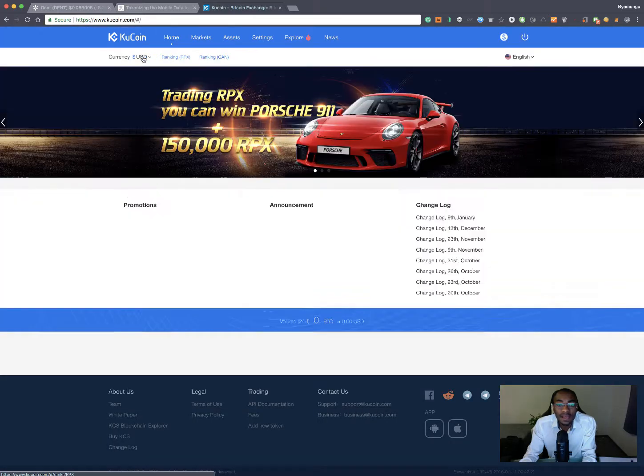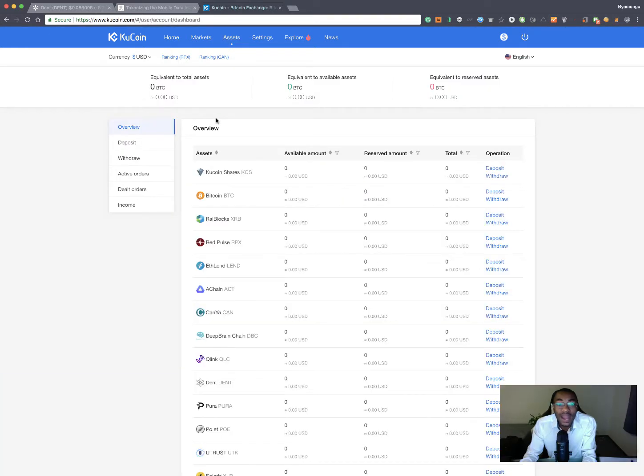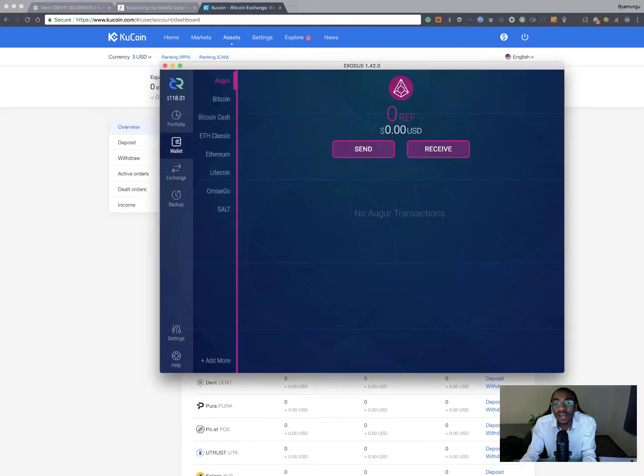So yes, if we go over to assets, after registering your account at Kucoin, what you want to do is, of course, load your account. First, I would recommend you to check which cryptocurrency will cost you less to send over the network.